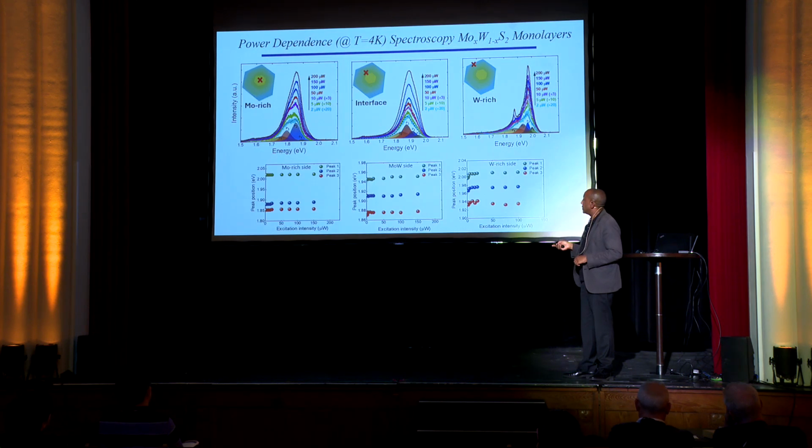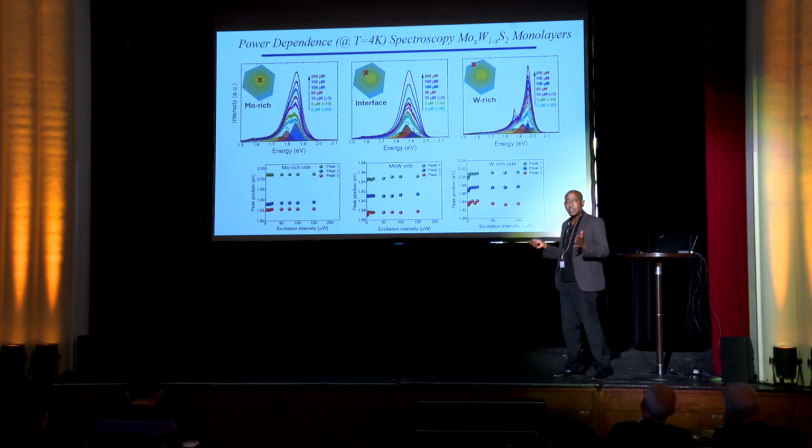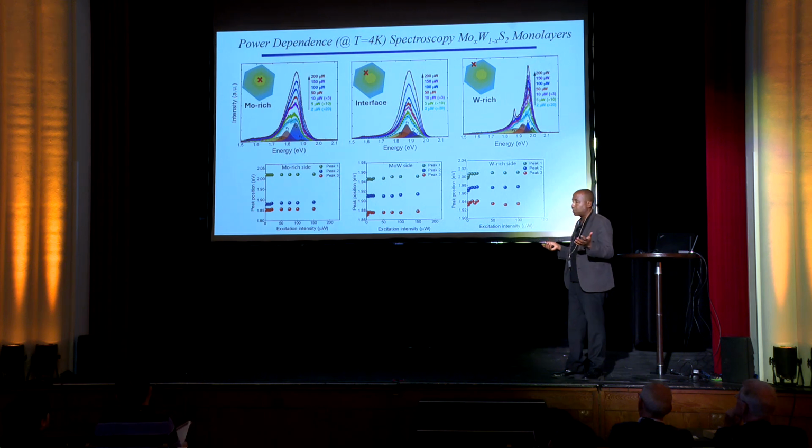So the first thing we did is we took the integrated intensity of each of these 6 peaks as a function of excitation intensity, and plot them here. So there are essentially 6 peaks. To make it easier, we divide them into 2 components.